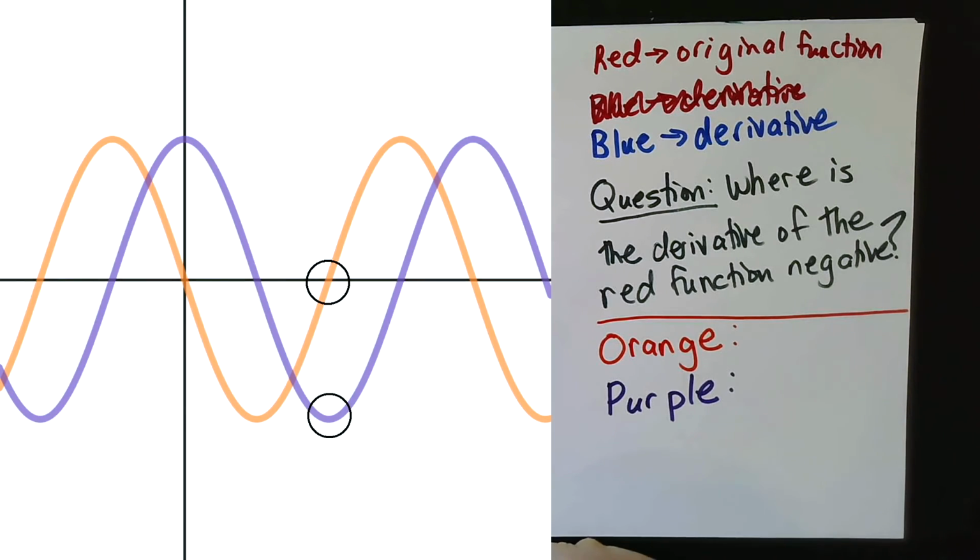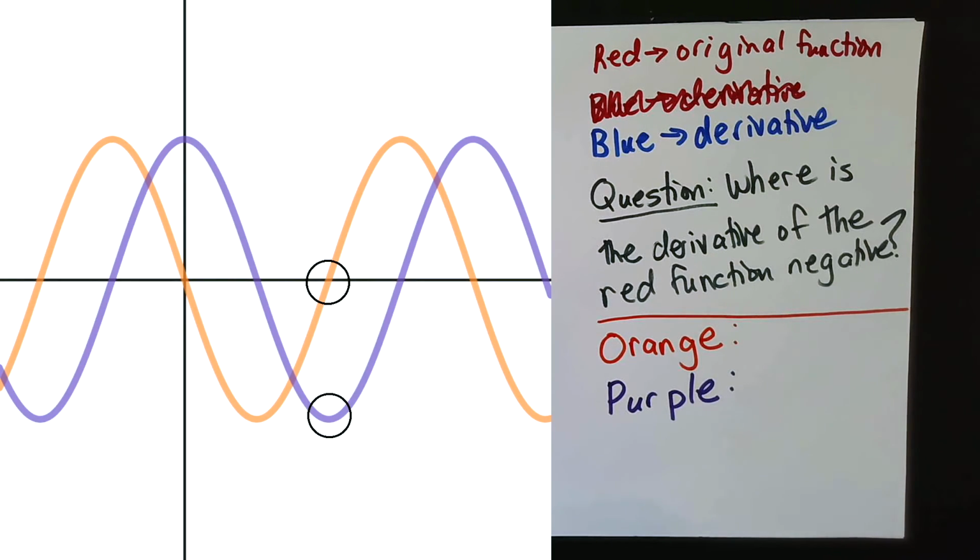Okay, so let's talk about how to think about this. If you think back to our discussion, the first thing I emphasized was that it's really easy to tell from the original graph where the derivative is 0, because it's those spots where the tangent line would be horizontal.